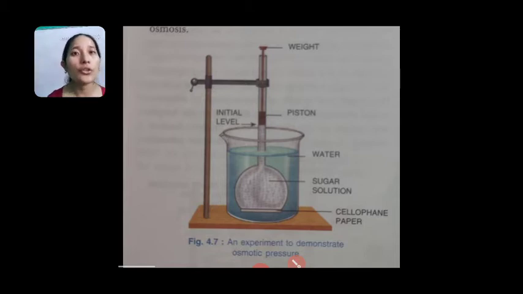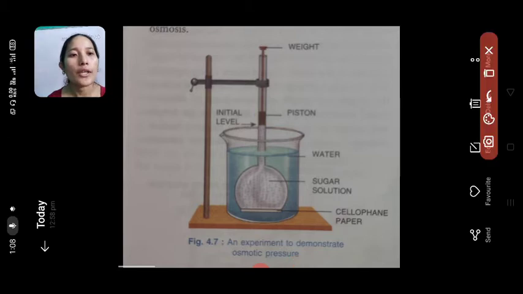In that particular setup, let's make one modification. What would that modification be? You will insert a piston into that thistle funnel. Now that piston would exert certain pressure.